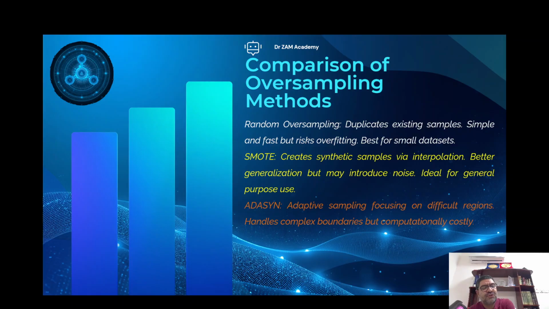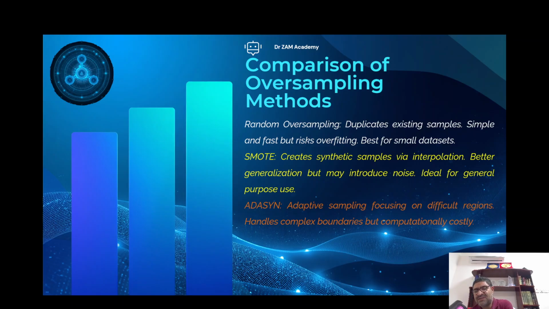Comparing it to SMOTE, the synthetic minority oversampling technique creates synthetic samples via interpolation, with better generalization, but may introduce noise. It is ideal for general purpose use.